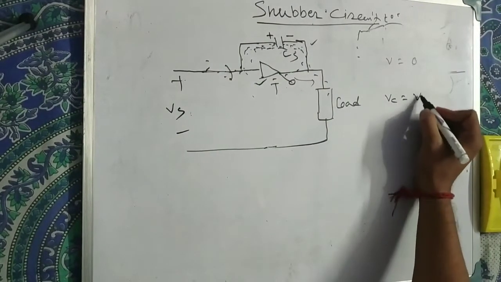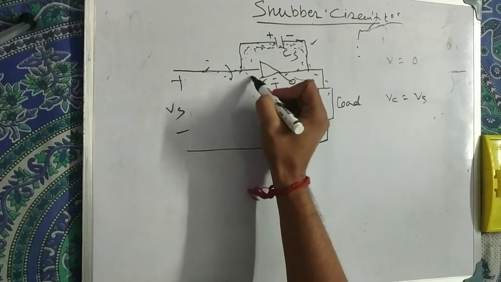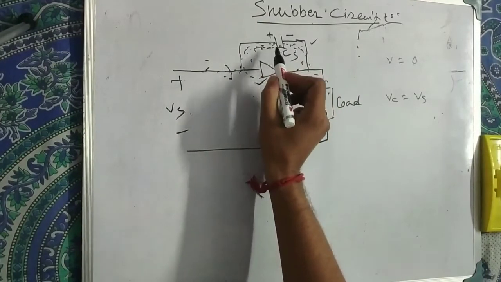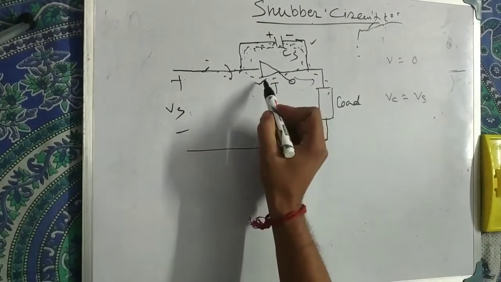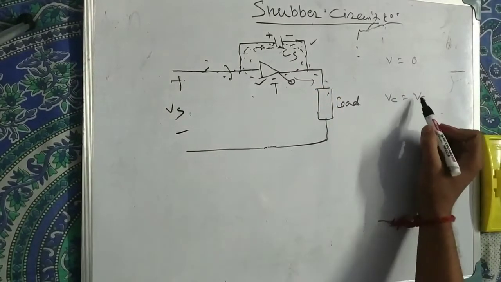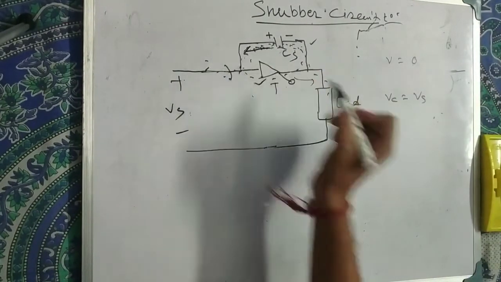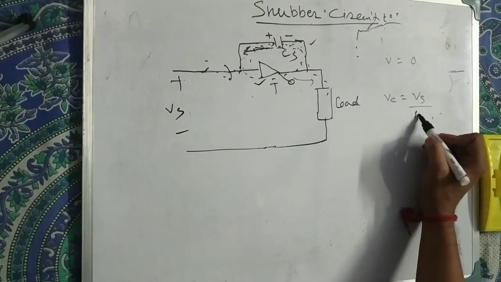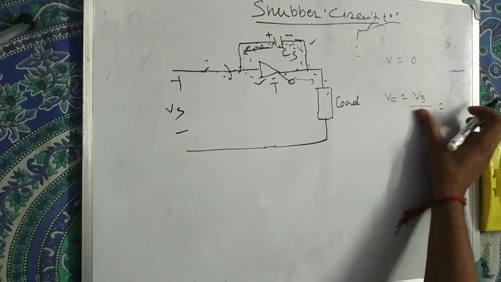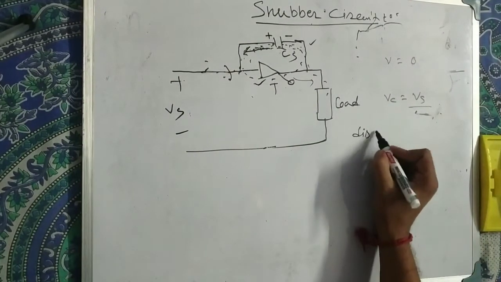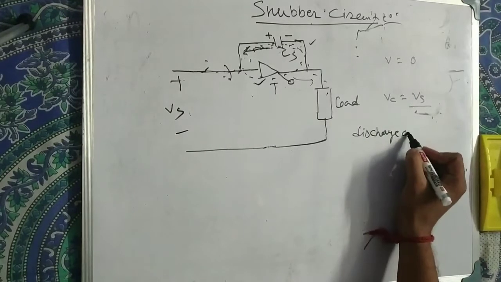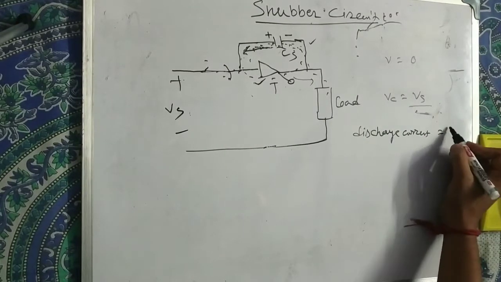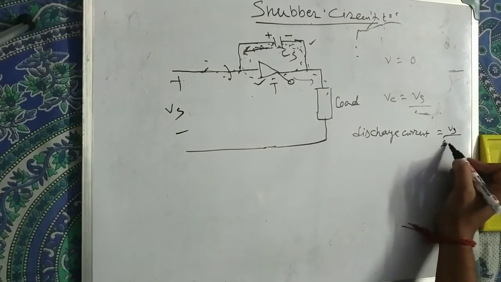The capacitor will charge to the voltage Vs. Suppose this path has a very low resistance: the capacitor and the SCR have a very low resistance. So the discharging current of the capacitor will be Vs divided by a low resistance.